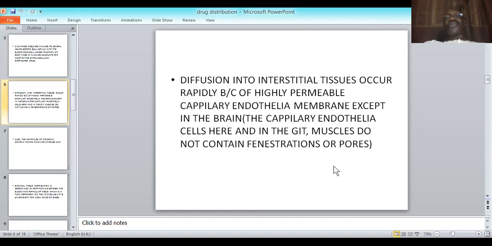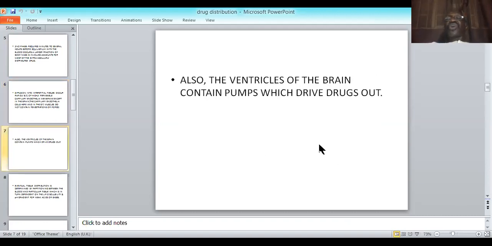But for the brain, the GIT and muscles, you don't find these fenestrations or pores. So drug will not permeate readily into those interstitial spaces of the GIT, brain cells, muscles. We should also note that the ventricles of the brain contain pumps which drive drugs out.